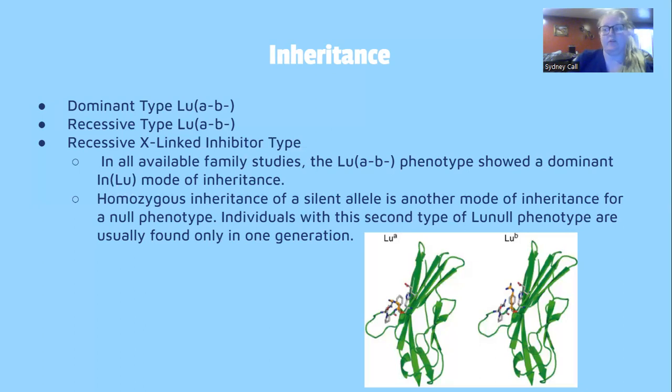In the Luthern system, there's a type of LUA negative, B negative that arises from homozygous inheritance of an amorphic recessive gene at the LU locus. That's far less common, really rare, than the IN-LU type.